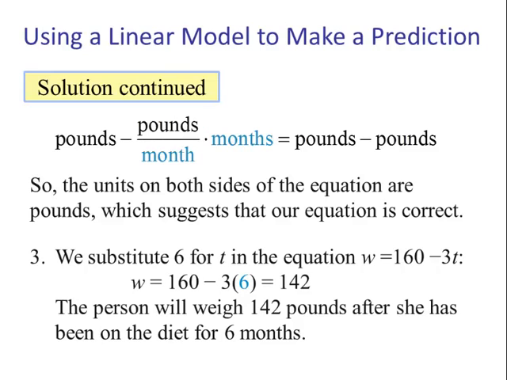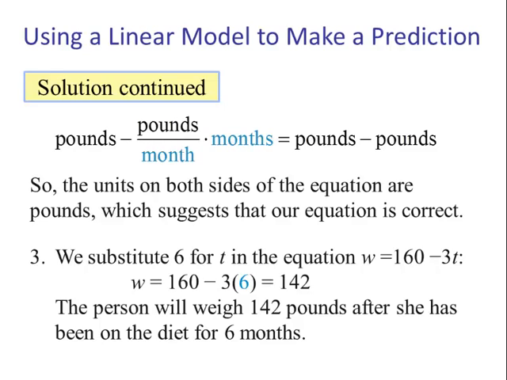Number 3, if we substitute 6 in for t in our equation, we see that w equals 160 minus 3 times 6, which is 142 pounds. So we would interpret this prediction as the person will weigh 142 pounds after she has been on the diet for 6 months.